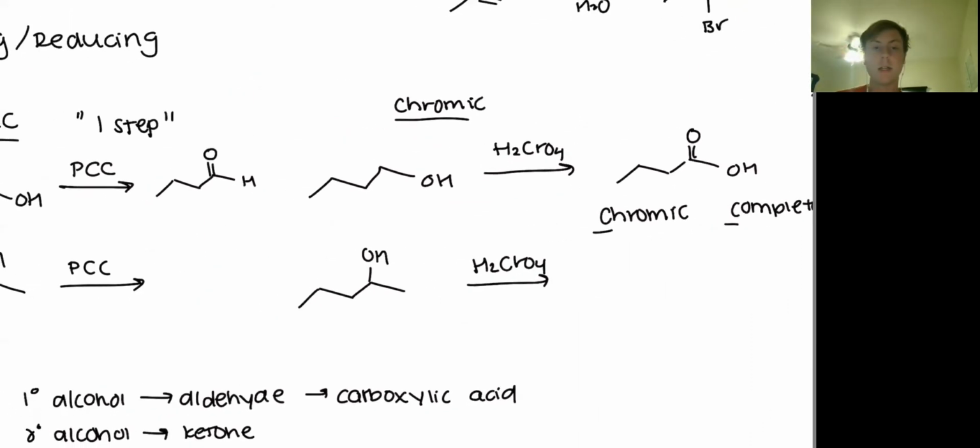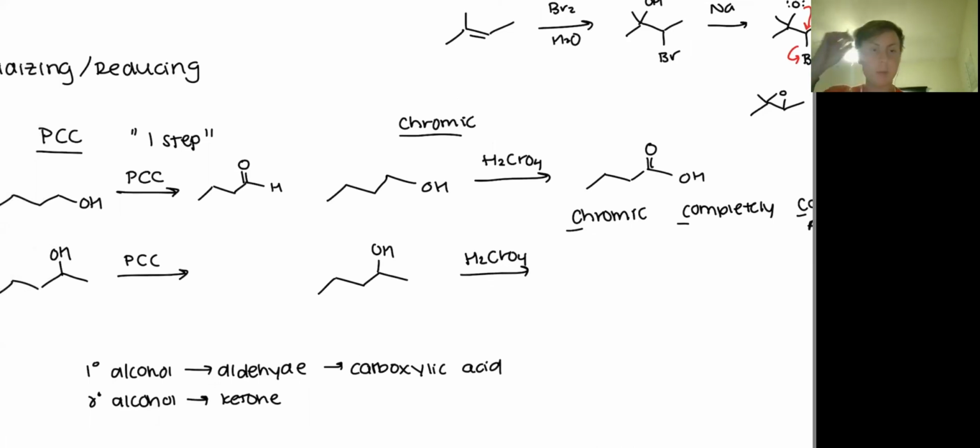And then just as a little tidbit of information, PCC and chromic acid are very similar, but the only difference is that chromic acid is basically aqueous. If you were to have PCC and introduce it to water, you would end up with chromic acid. So if you do use PCC, you need to make sure that you do it in a very dry environment, or else the PCC in water will turn into chromic acid and then oxidize to the carboxylic acid.